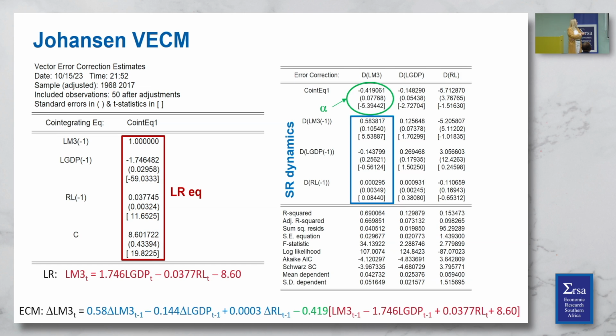So very similar. And this is what we want. That is the idea. If we indeed have a unique co-integrating vector, the different methods should give us a very similar result.